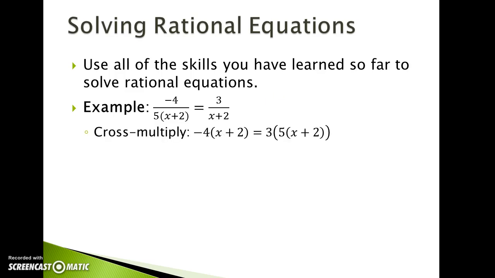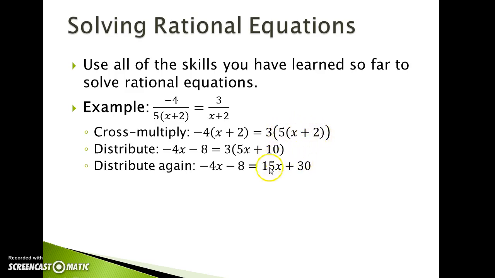I chose to cross multiply them. So I did -4 times x plus 2 equals 3 times 5 times x plus 2. You want to distribute. -4x minus 8 equals 3 times 5x plus 10. Notice I did the inner distribution first.